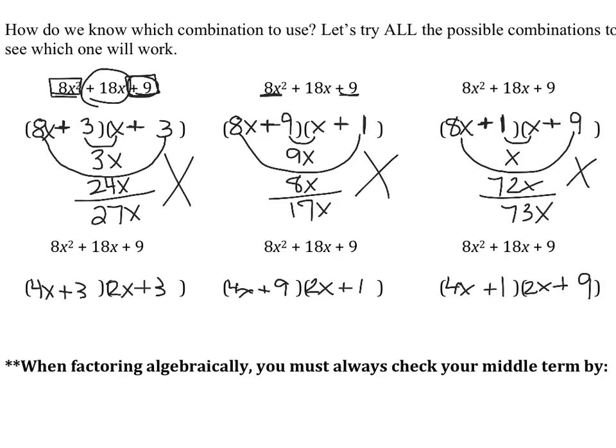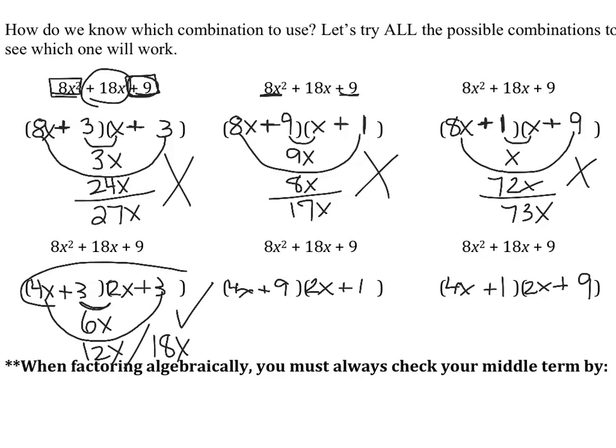So now let's check our inners and our outers, right? So here I have 6x. Here I have 12x. Now if I combine 6x and 12x, oh yay, that gives me 18x. So this is the right answer. So the factors of 8x squared plus 18x plus 9 are 4x plus 3 and 2x plus 3.